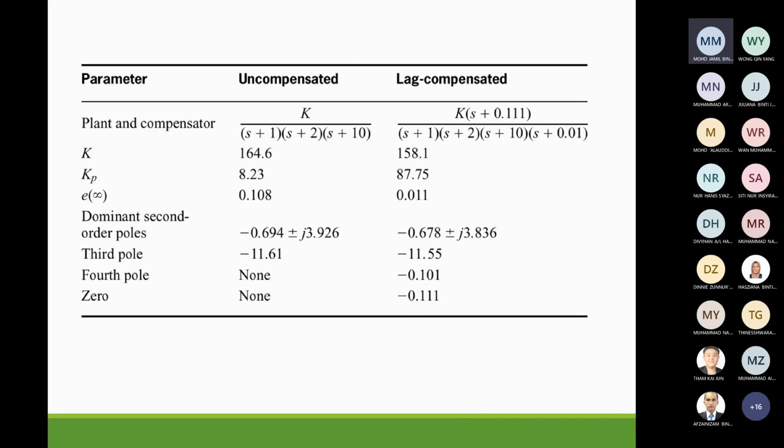So this is the comparison between the uncompensated system and the system with compensator. The difference is that the compensated system has a new pole and zero, and the steady state error is reduced in the lag compensated system. Later I will show you an example of how to use MATLAB for some of the tutorial questions.